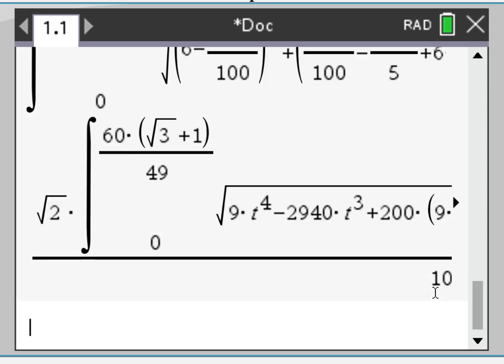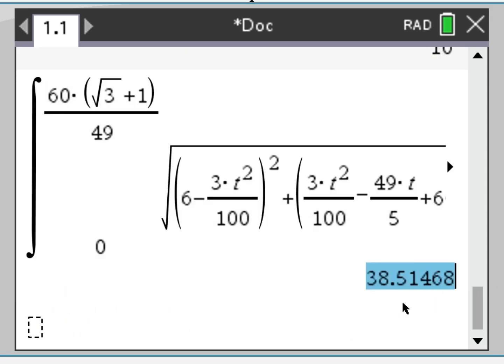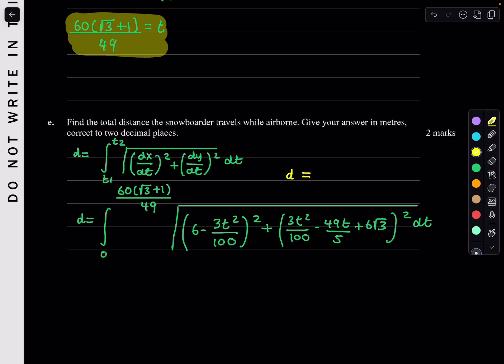There it is. Enter, and this is our value. Done. We wanted 2 decimal places, so your distance is 38.51 meters. Done.